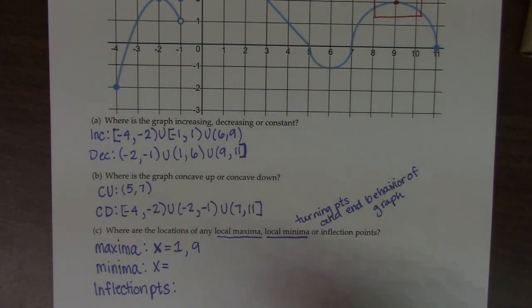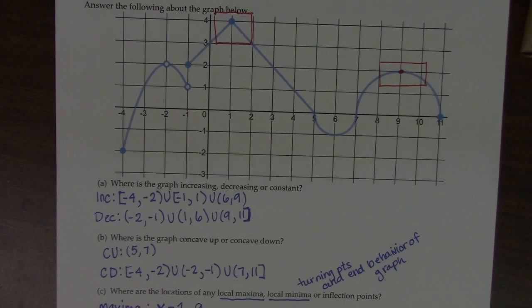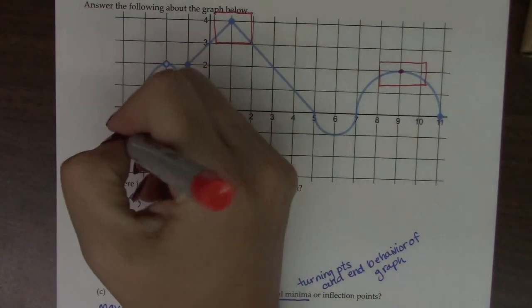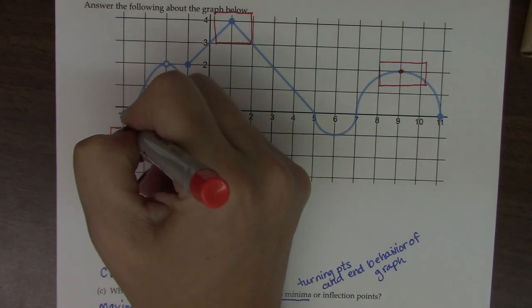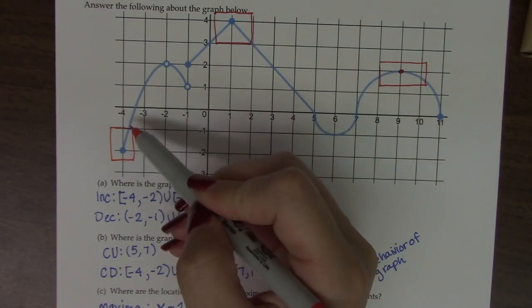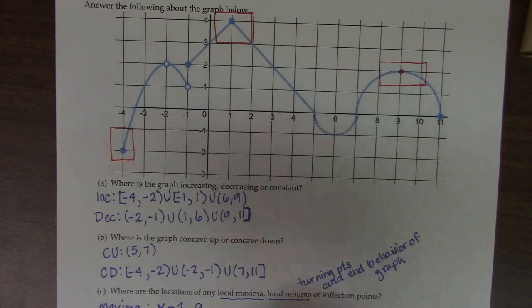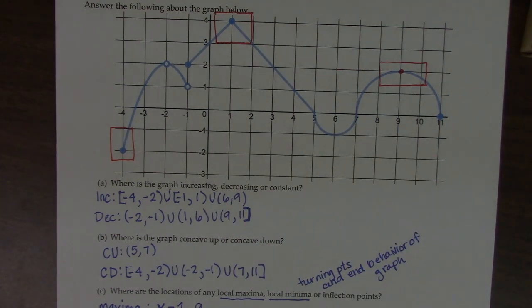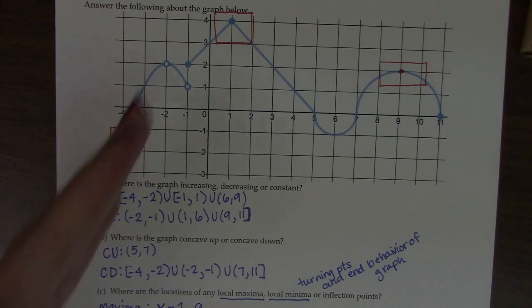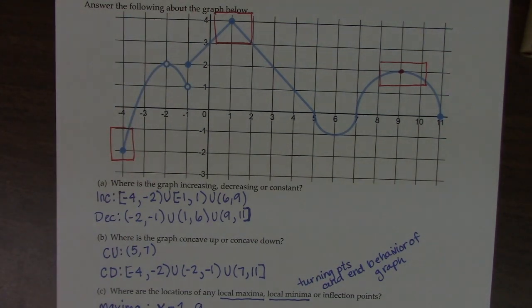Minima, we also want to check the end behavior. If we look at the end here, this is the lowest y value in this region. So it doesn't just have to be a turning point. We can also check the endpoints. If this graph had run off to negative infinity, then we would not call it a local minima.